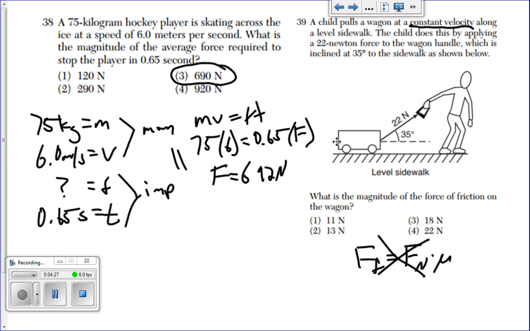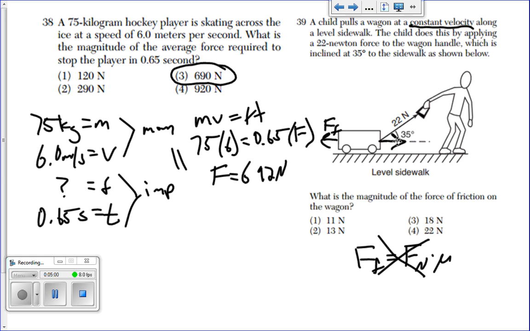Friction is a force that goes opposite the direction of motion because it's opposing it. If we're at constant velocity, that means all of our forces need to be equal in opposite directions. So if we have friction force going to the left, that must equal the pulling force to the right. And here's another place we have to be careful. This child is pulling with a force of 22 newtons, but not all of that is going to the right.